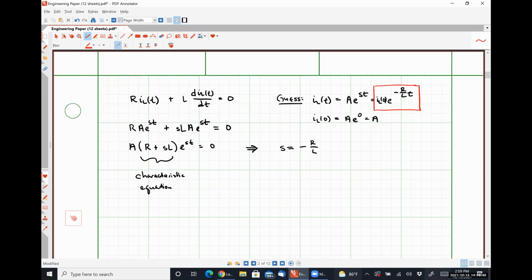The rate at which it decays is dependent on the value of that resistor R and the value of that inductor L. We derived this for a generic system, which means it is valid for any and every RL circuit that undergoes a change in the system. Okay, true for all of them. So for those of you who are less than enthused about calculus, congratulations. We don't have to do it anymore. We know what the answer is. Now we just make the circuit fit these parameters. That's it.